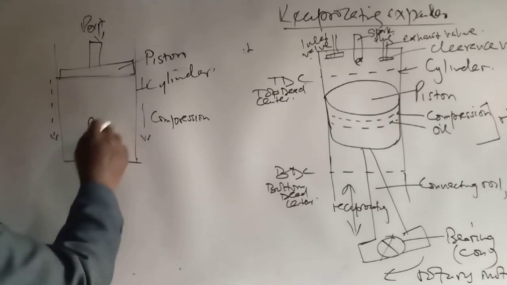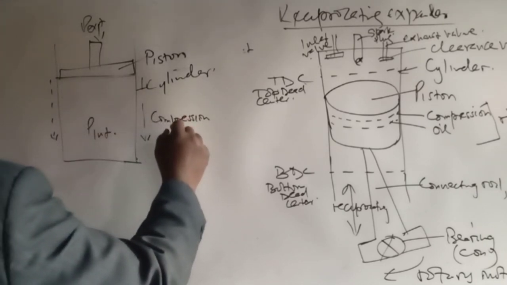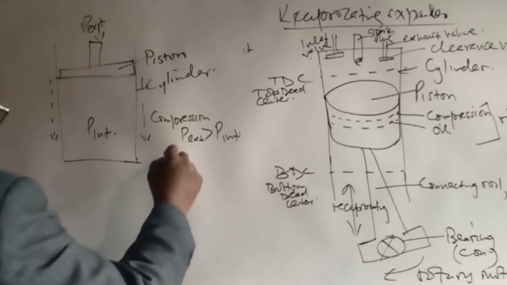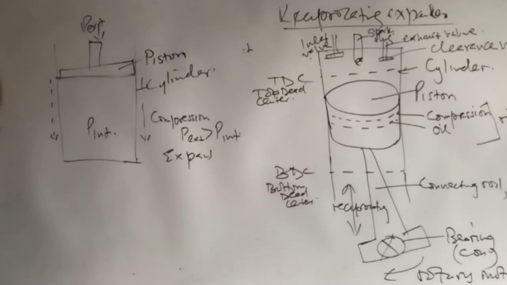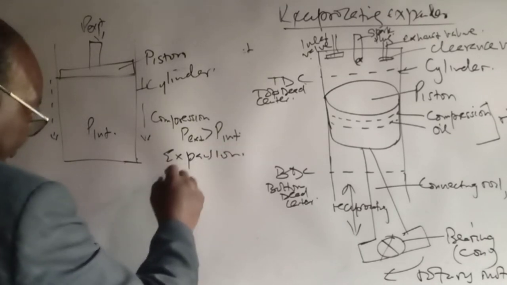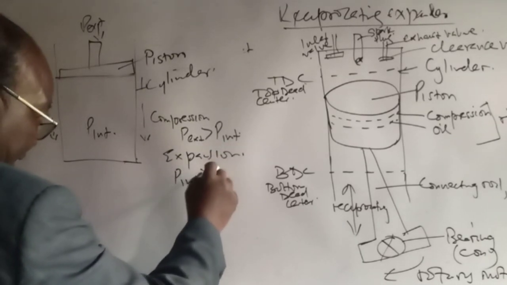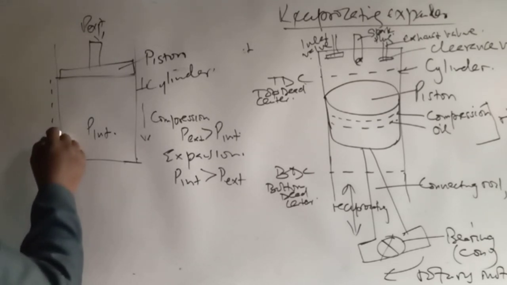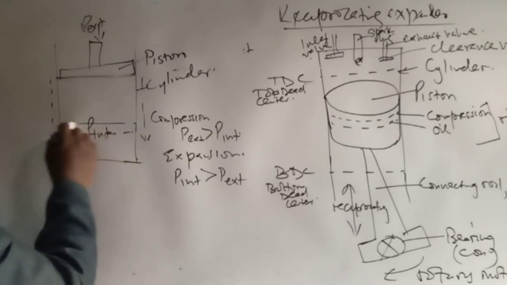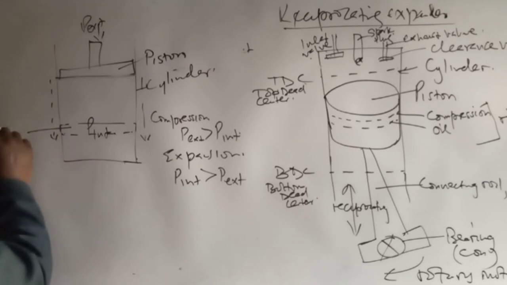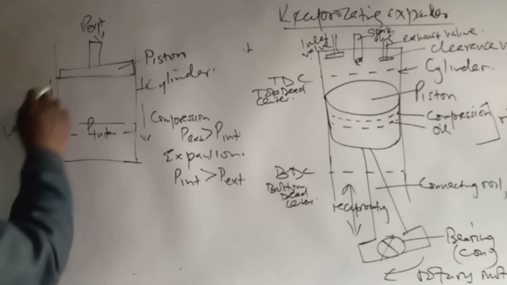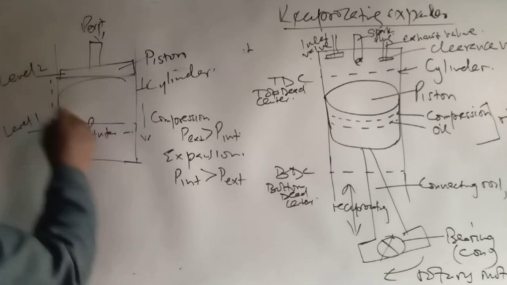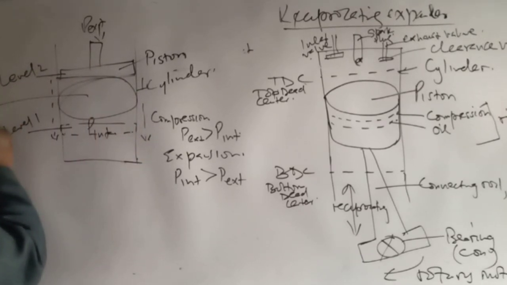If external pressure is greater than internal pressure, we have compression, but we'll have expansion if internal pressure is greater than external pressure. And so when you have that change, let us say these changes are involving these 2 points, level 1 and level 2, this is the swept volume.